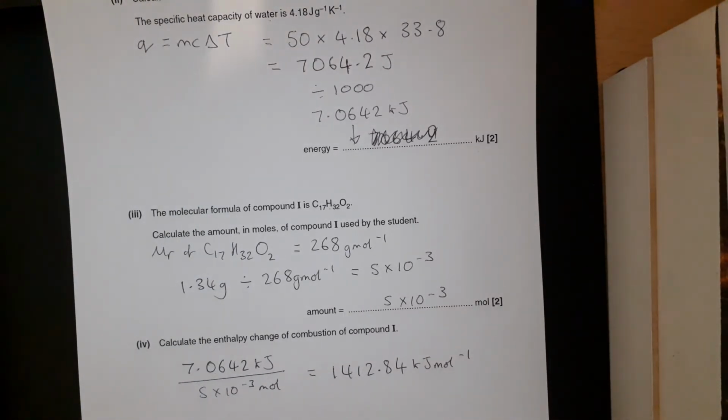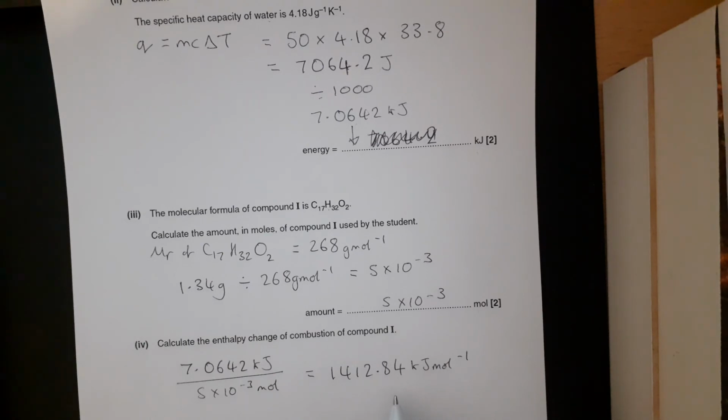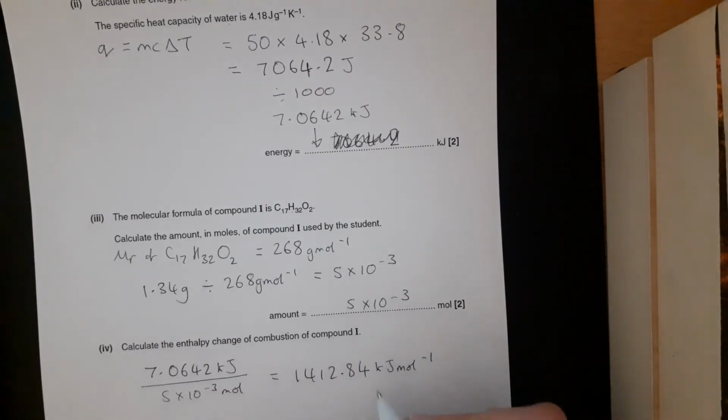Now it doesn't say here how many significant figures we need to do it to, so they shouldn't really mark us down for this. It doesn't say anywhere. So we can pretty much get away with this, so let's just call this 1413.